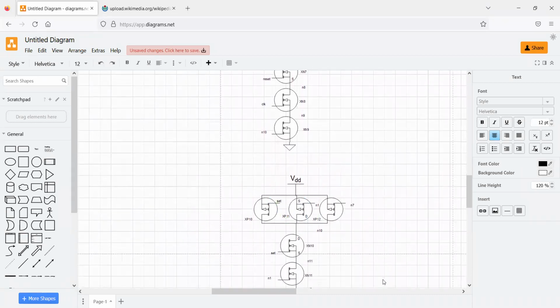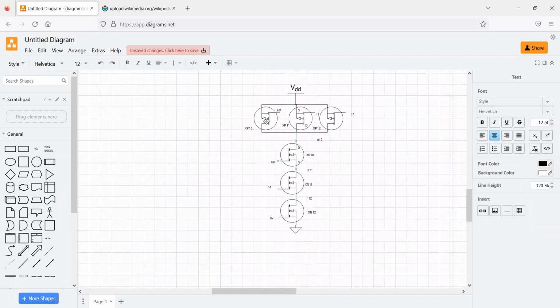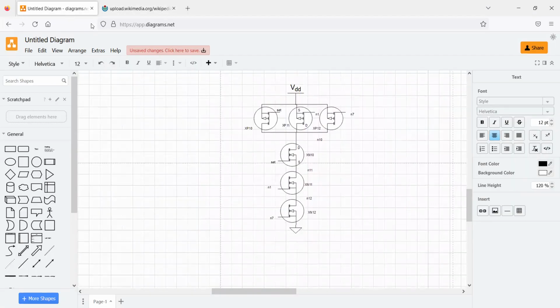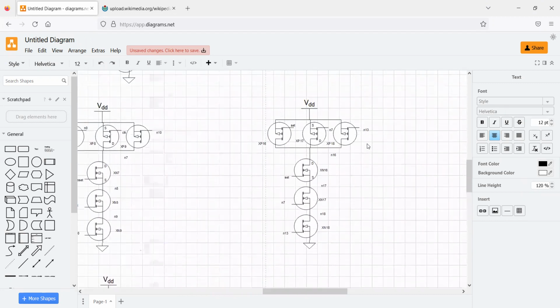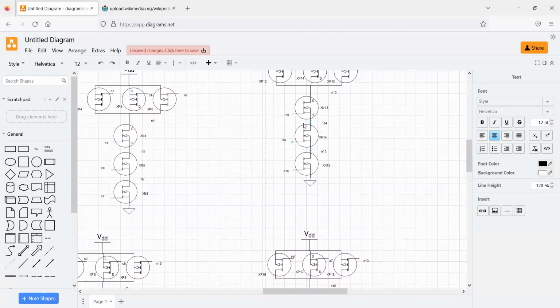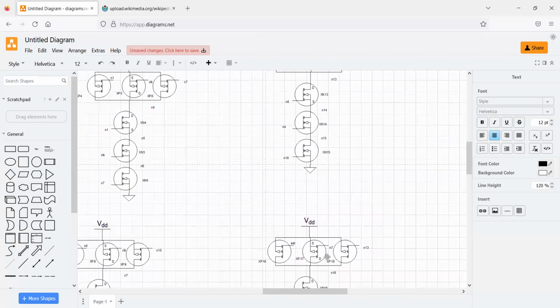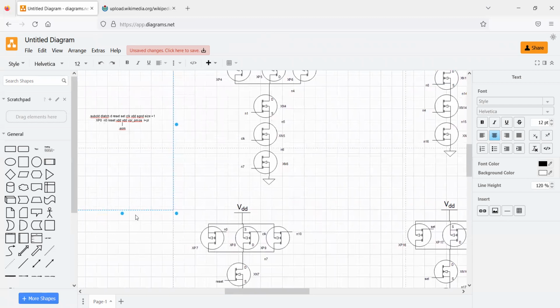And then this is the last NAND gate, which is this one. And then we have two more gates over here. This gives the final output, from which we can get the final Q.